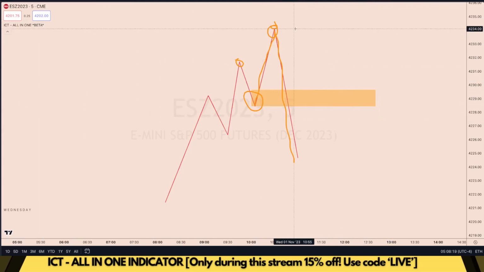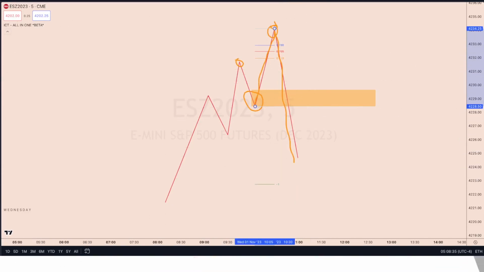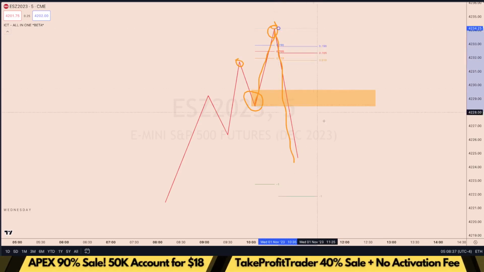In terms of standard deviations to the downside for potential targets, you would measure from this high to the identified lowest point between this high and this high right here. We see a -1 standard deviation would be right here. We had our displacement. Now we have a couple of fair value gaps. What we could do for the displacement leg is use that same optimum trade entry.